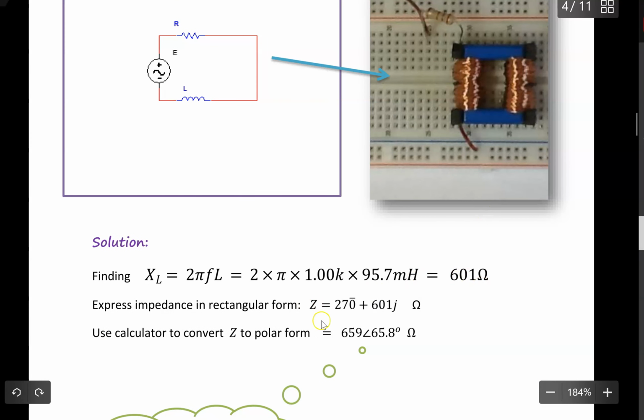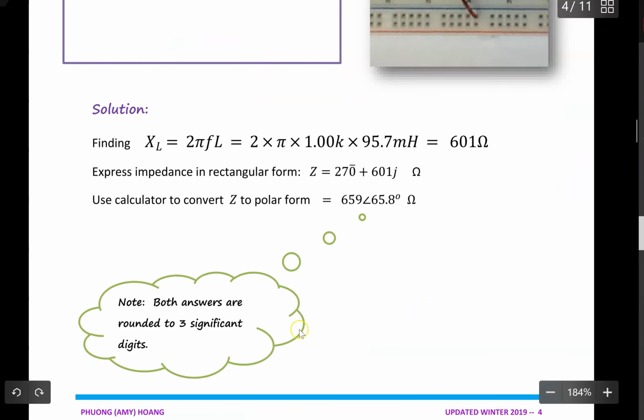Now, it's very simple for you to convert from rectangular form to polar form. Just a few simple keys on your calculator, you can convert this rectangular form into polar form, and you should review that. We did that in a previous lesson, and I should have the answer as 659, and the angle equals 65.8 degrees. And note that they are all measured and rounded to 3 significant digits.